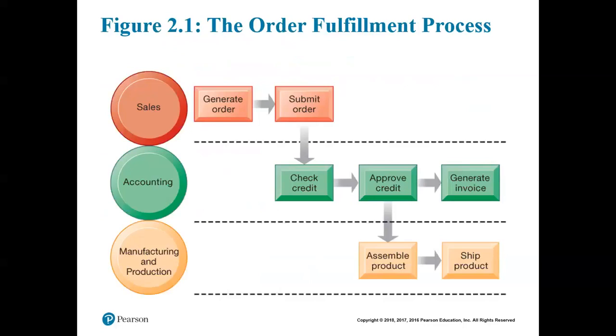Our accounting and finance team will check credit, approve credit, generate an invoice. In manufacturing and production, we're going to assemble the product, we're going to ship the product. This is a very mundane process. We can look to automate or have machines do particular steps along this flow for us, like checking and approving credit. We can even have machines assemble product.